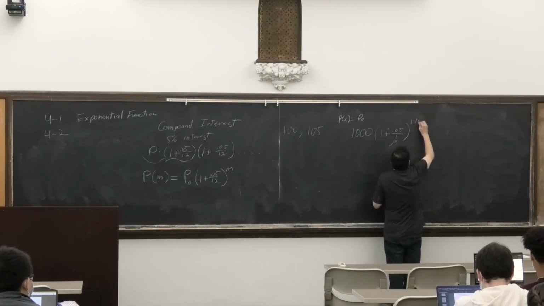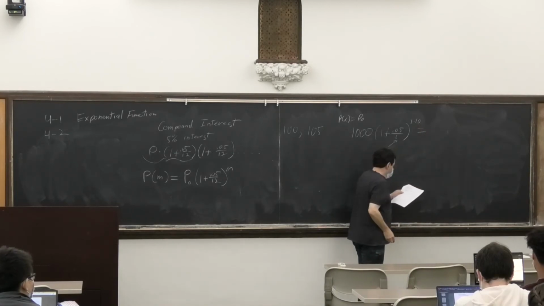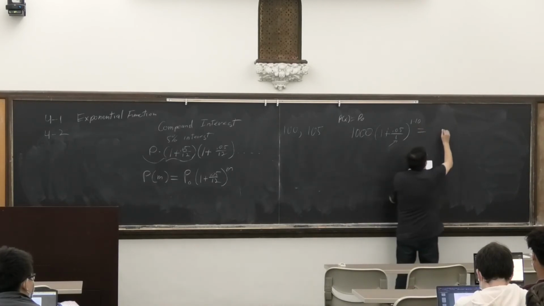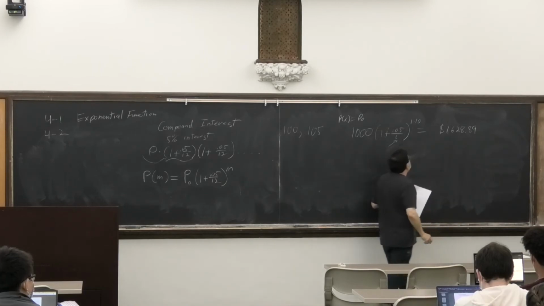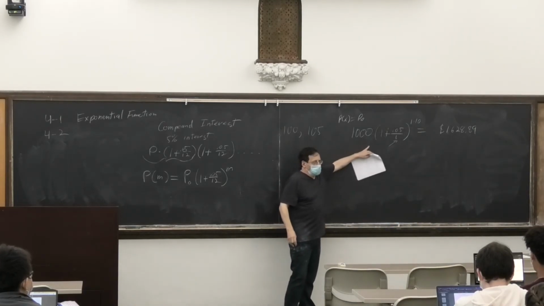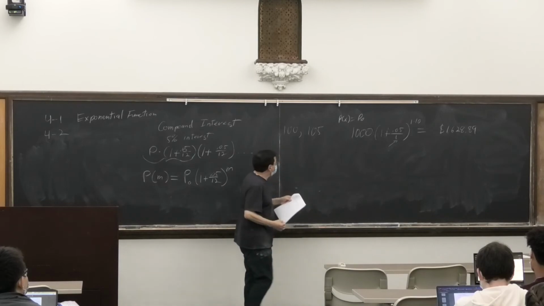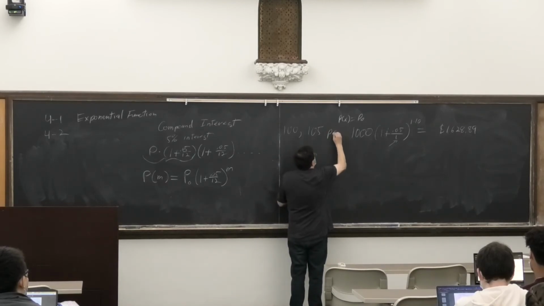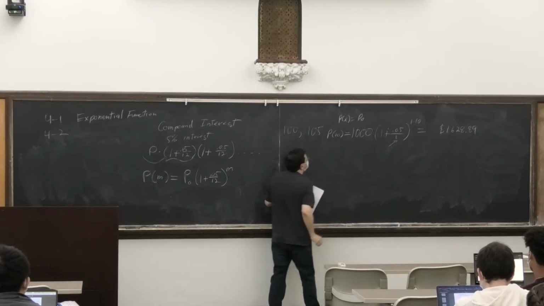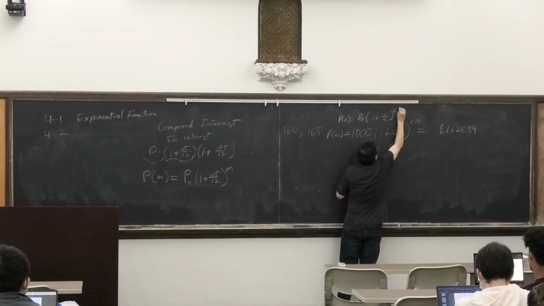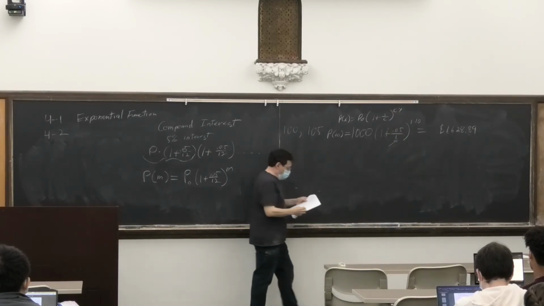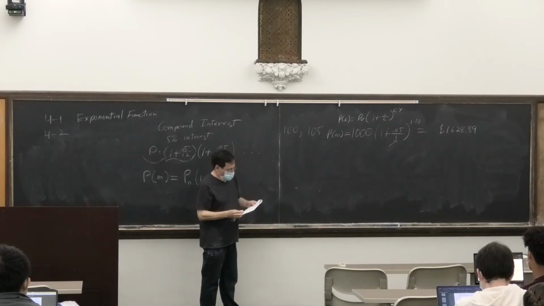So 1 times 10. And what do we get? We get 1628.89. You can put this in your calculator and check if you wish. That's P of 10 years. 1 plus interest over compounding. I'll use CY. I don't think those are the right letters, but I'll use those for now.